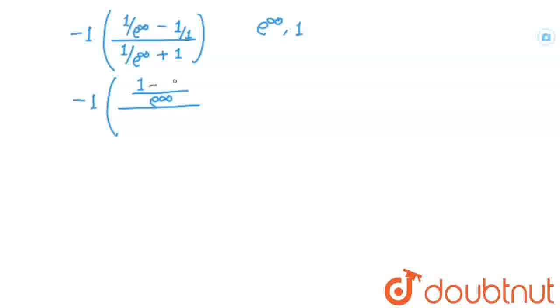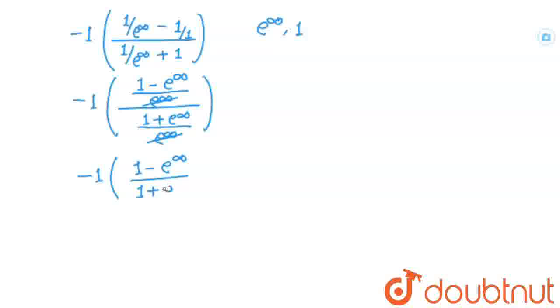So there will be 1 minus e to the power infinity upon, when we do the same in denominator, LCM will be e to the power infinity and there will be 1 plus e to the power infinity. Here e to the power infinity in both will get cancelled out and we get minus 1 into 1 minus e to the power infinity upon 1 plus e to the power infinity.